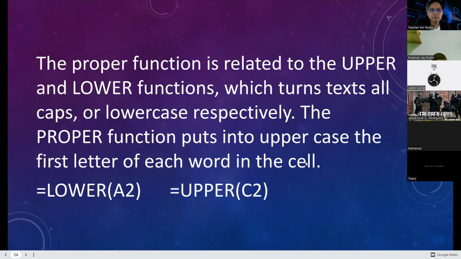The PROPER function is related to the UPPER and LOWER functions, which turn text into all caps and lowercase respectively. The PROPER function puts into uppercase the first letter in each word in the cell. So if you're going to use the UPPER and the LOWER functions, it will convert your text into uppercase and lowercase, all capital letters and all small letters, just like this one.